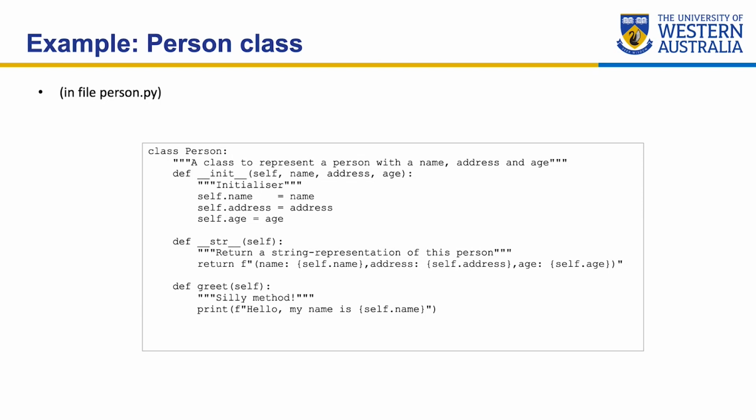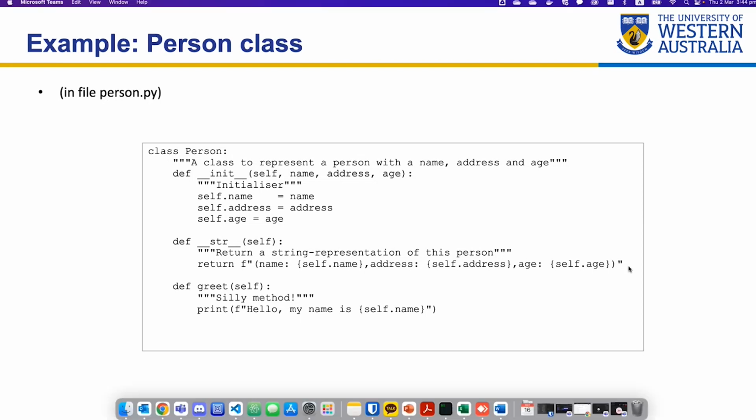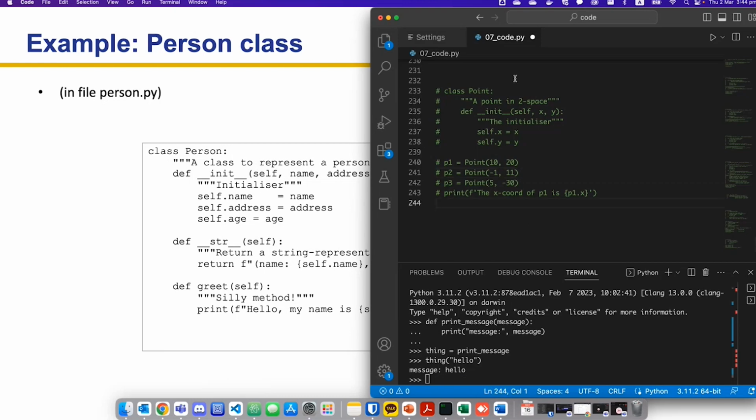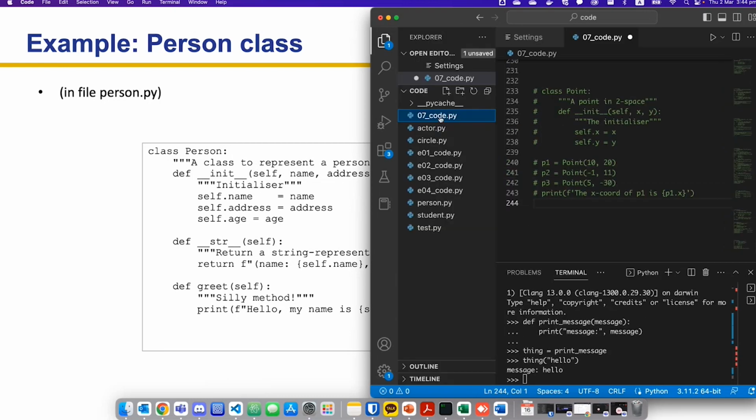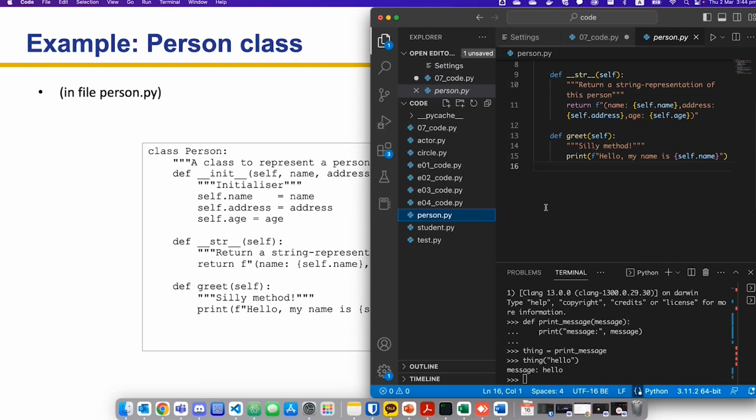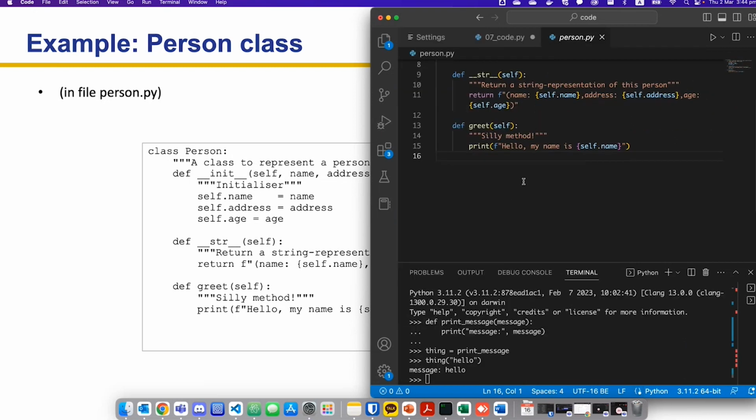And the second one is a greet method, which is just a silly method, but the person knows how to say hello and greet the other person. Okay, so if we get that, so that's the person. You can copy and paste.